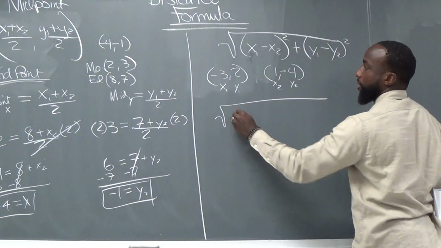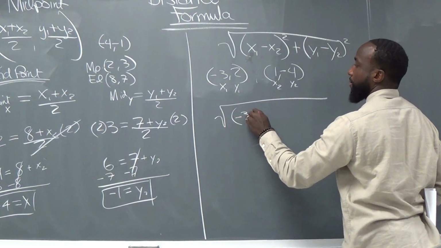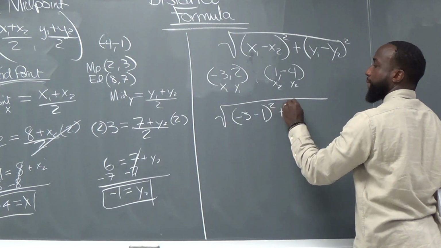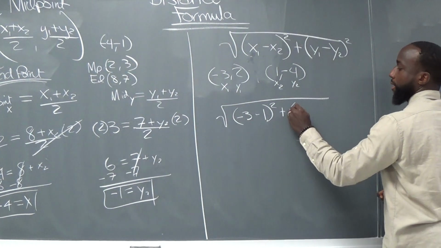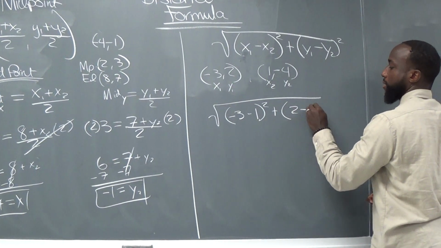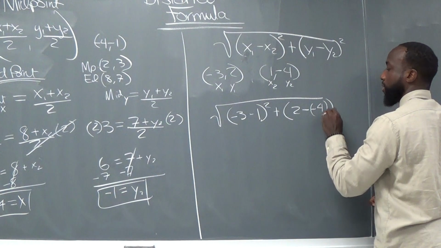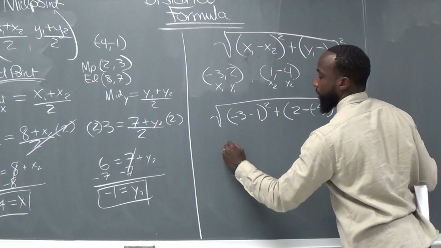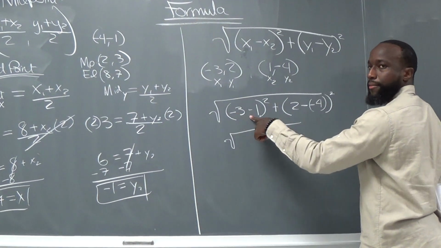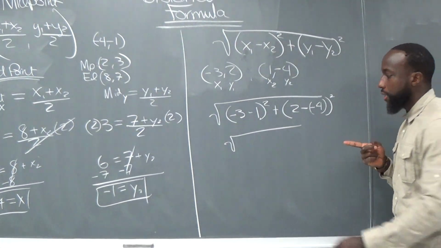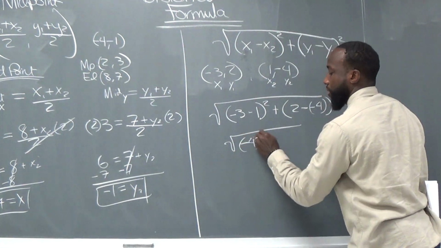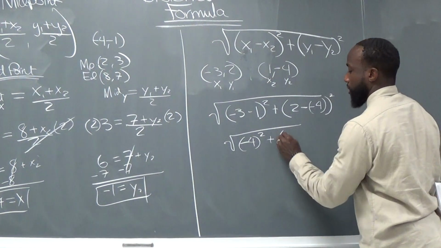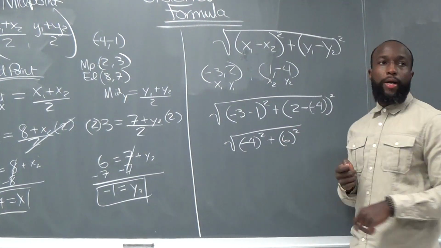So we'll have the square root of x1, -3, minus x2, which is 1, squared, plus y1, which is 2, minus -4, squared. Minus a negative equals plus. So we have -4 squared plus 2 plus 4, which is 6, 6 squared. We all good so far?